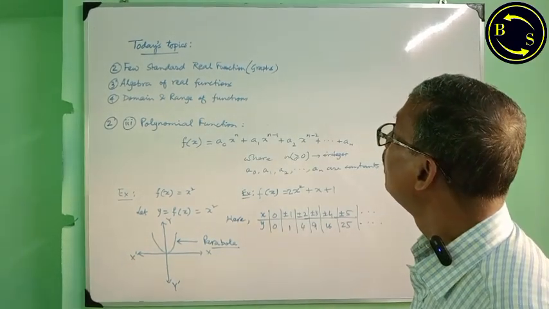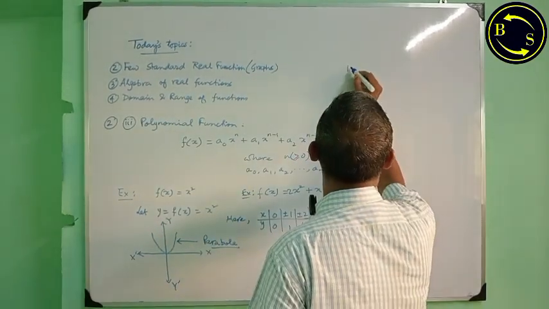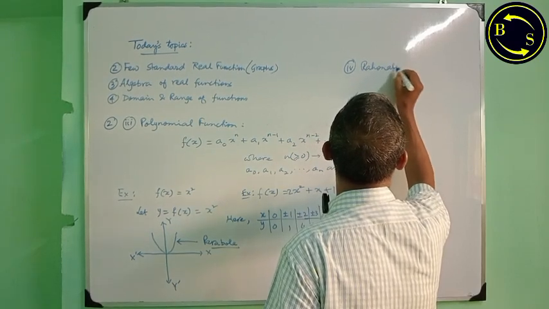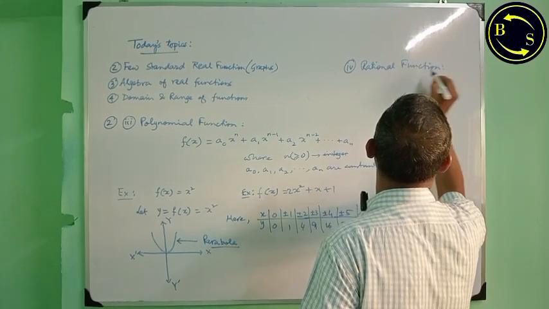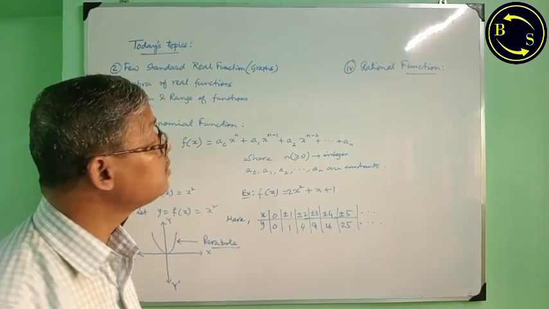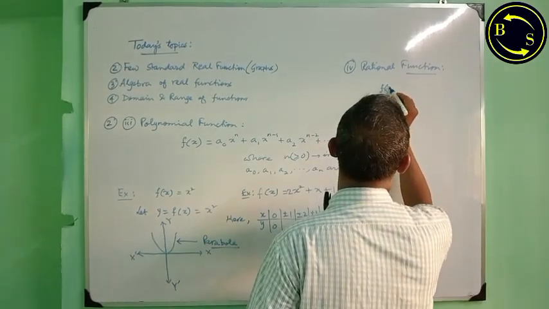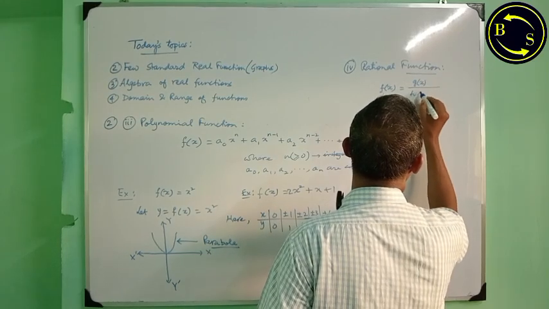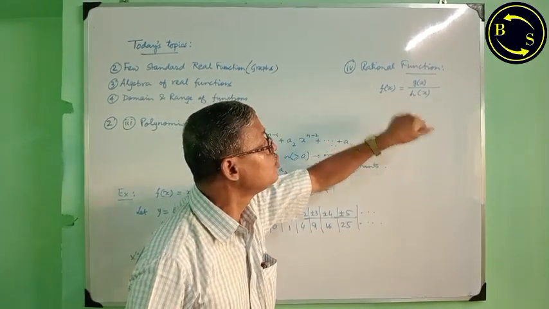Then we have the rational function. A rational function will be of the form f(x) is equal to g(x) by h(x).